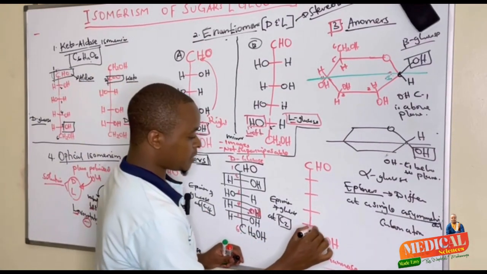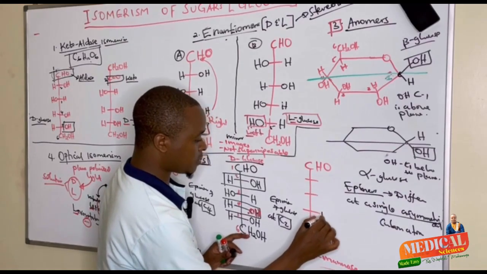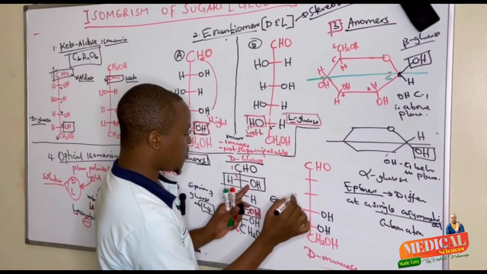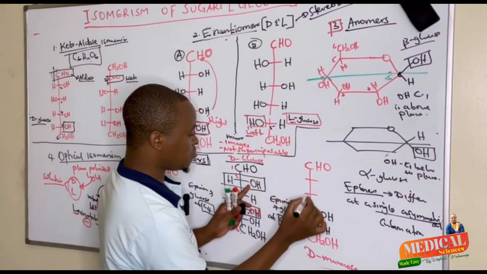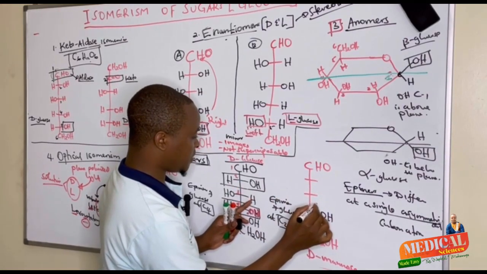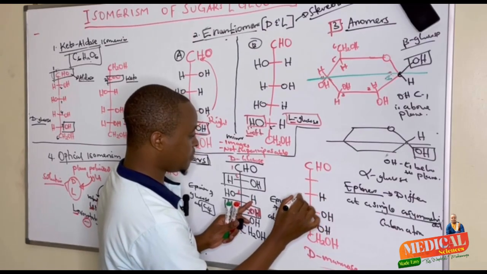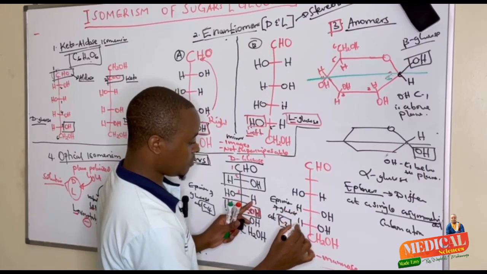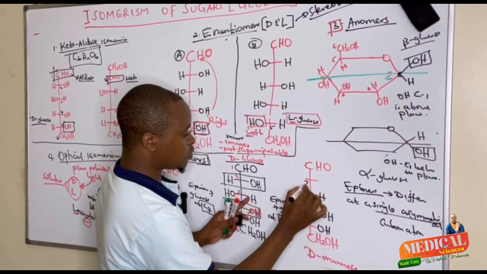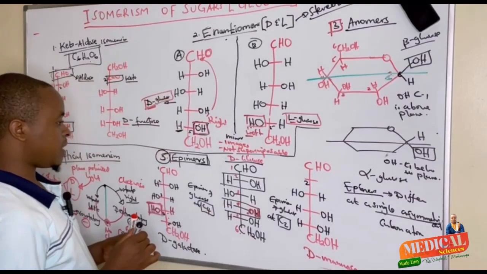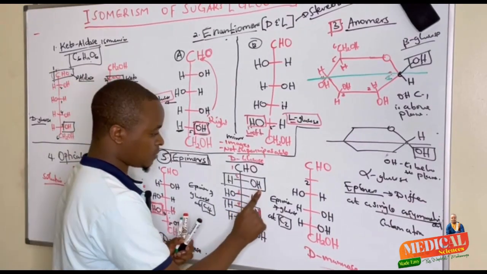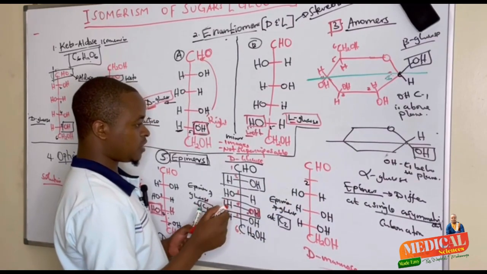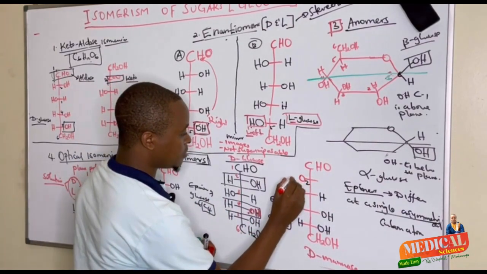Others are the same like glucose. But we are saying here it is on the right, we shall find this one migrating on the left. So others remain the same. But at carbon number 2, we are seeing the hydroxyl group, which is on the right of glucose, shifting to the left.